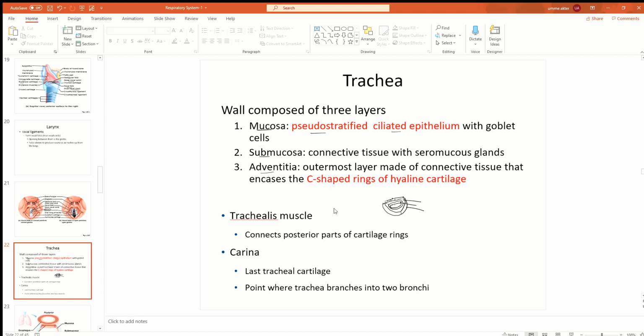The cartilage is in the adventitia, in the outermost layer. Okay, so those are 3 layers: mucosa, submucosa, adventitia, and the muscle, trachealis muscle, is here. Okay, muscle.